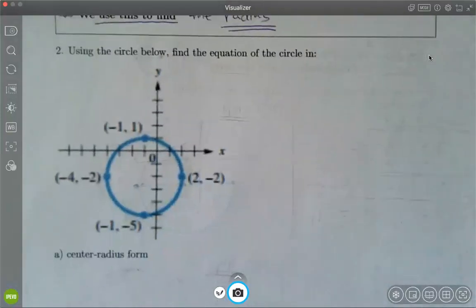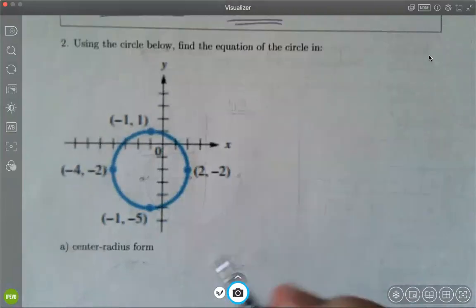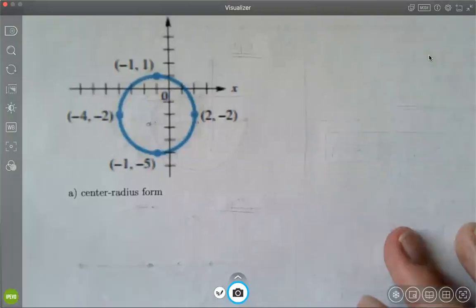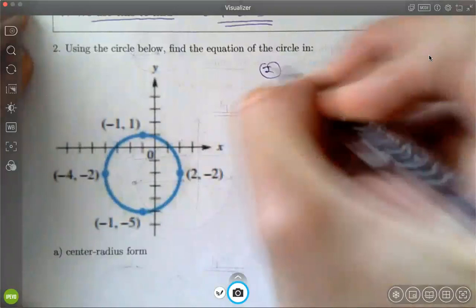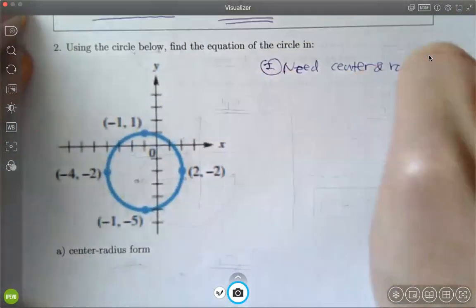I guess you can guess what part B should be, the form that we haven't touched yet, the general form. Now, center-radius, what do we need? Center and radius, right? Obvious. So to find the center-radius form, we need the center and radius.